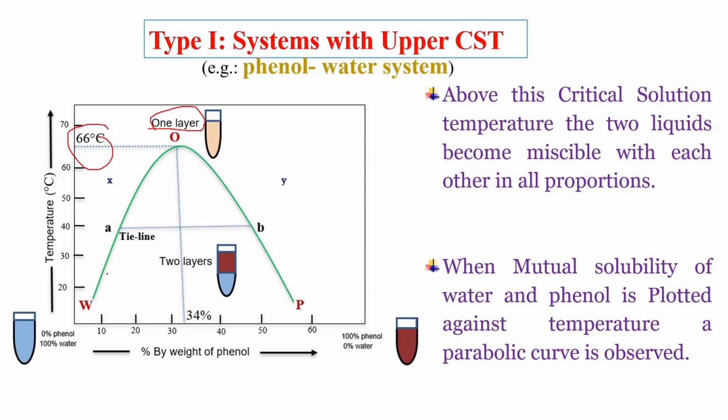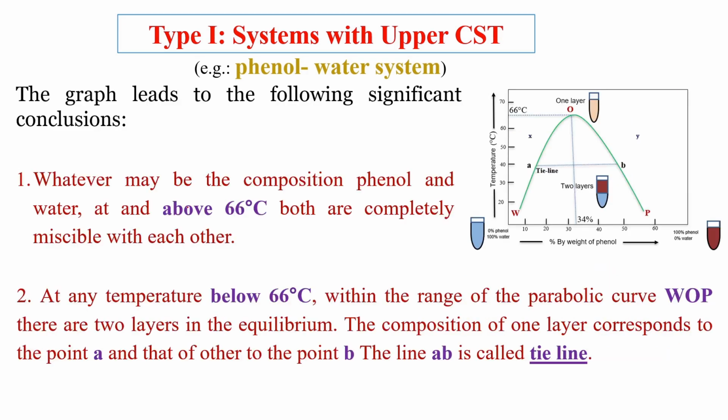When mutual solubility of water and phenol is plotted against temperature, a parabolic curve is observed. And this graph leads to the following significant conclusions. Whatever may be the composition of phenol and water, at and above 66 degrees centigrade, both are completely miscible with each other.